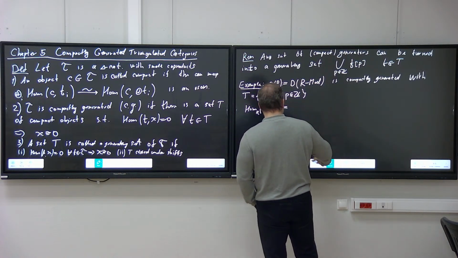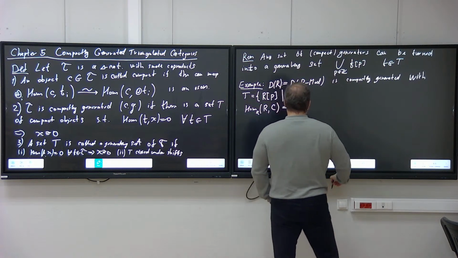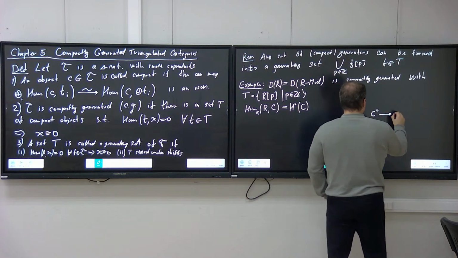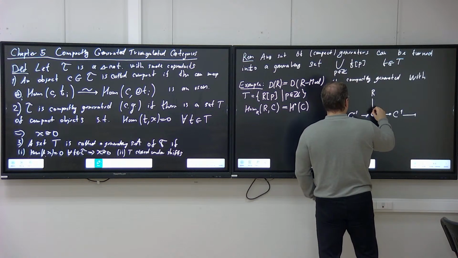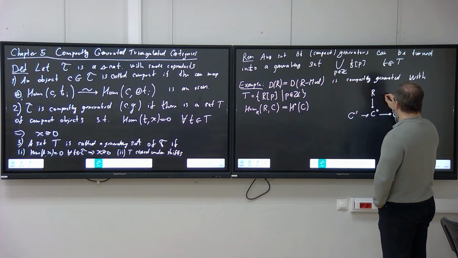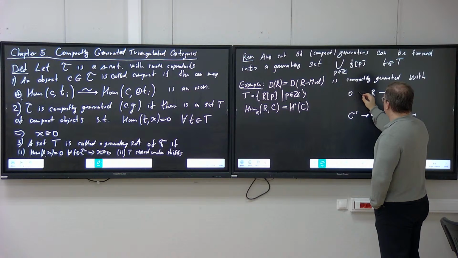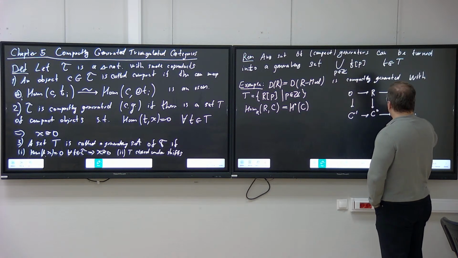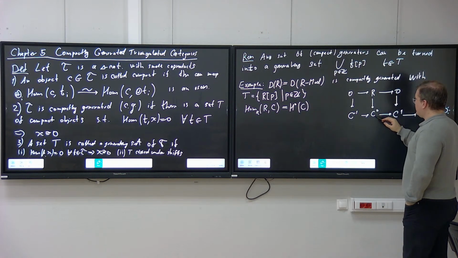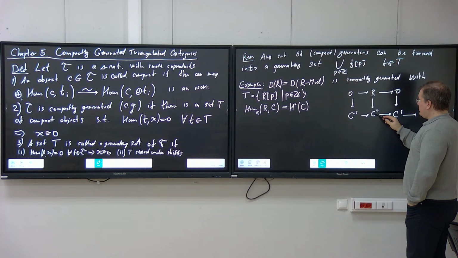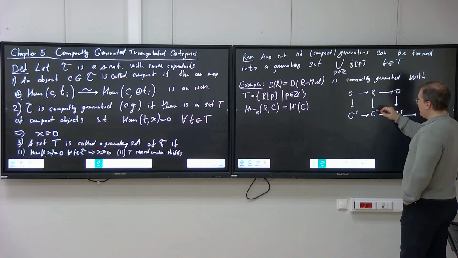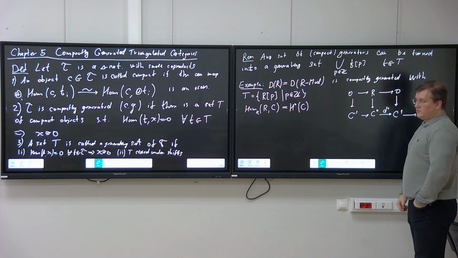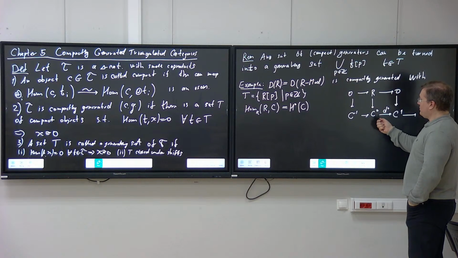So you have something like C0, then there is C1, something other, C minus 1, then there is R, and the rest are just 0. So you want a map to C0, such that the composition with D0 is 0.